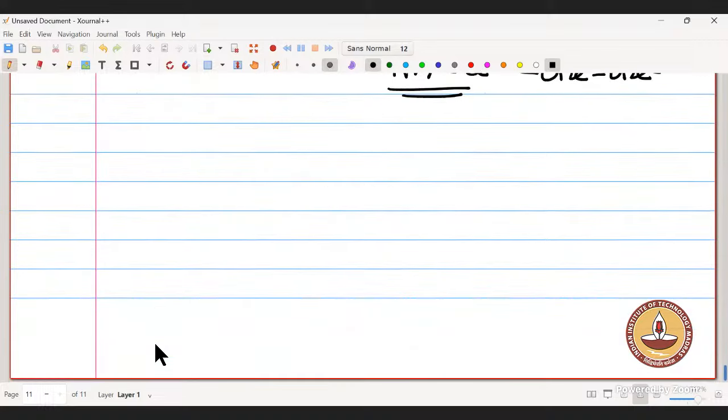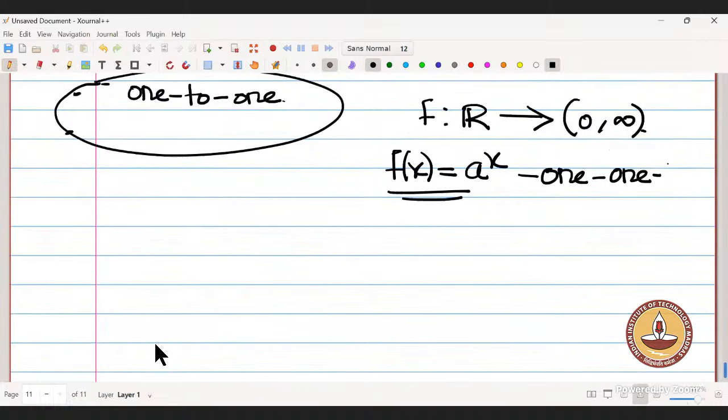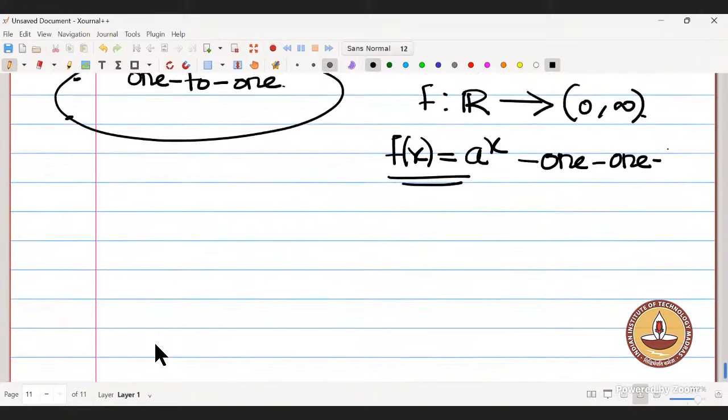Sir, I am unable to understand one-to-one function. Why is this 1 to 1, or in general, what is 1 to 1? What is the difference between 1-1 and 1 to 1 function?